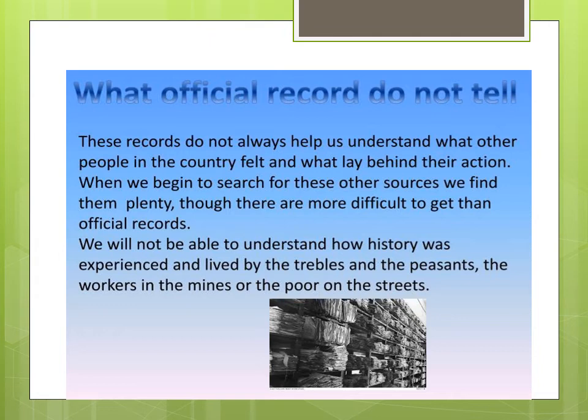These records did not always help us understand what other people in the country felt, or somebody who was illiterate, or somebody who led a tribal life. So, when we begin to search all these sources, we find there are a number of things which are there in plenty, but when we have diaries of people or accounts of the pilgrims or the travelers, we find there are a number of things which were not told.